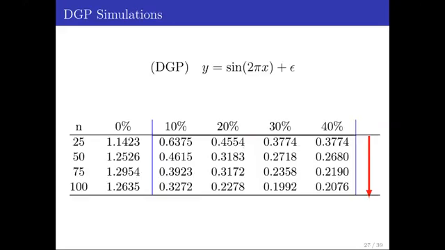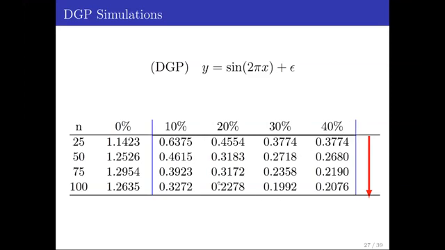This table shows how the general E function performs better than the LSCV. The DGP is y equals sine 2 pi x plus the error term, which is IID normal distribution. For the contamination, we assume a Cauchy distribution. 0% means all the error terms are from the normal distribution, and 40% means that 40% of the error terms are from the Cauchy distribution.